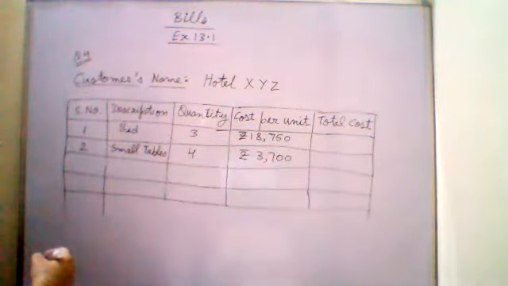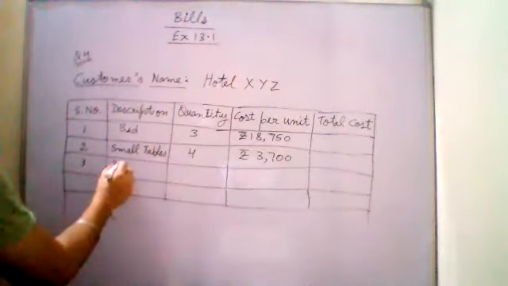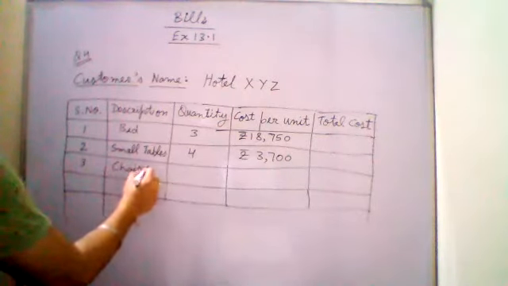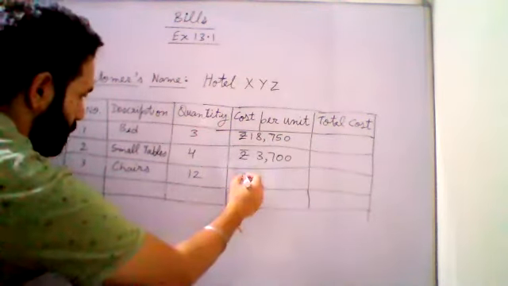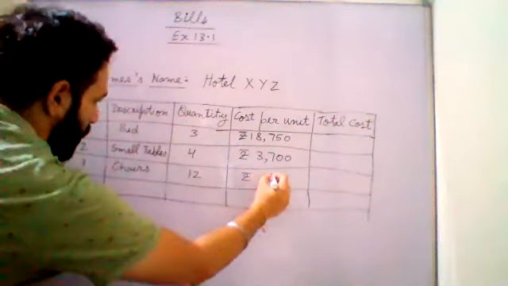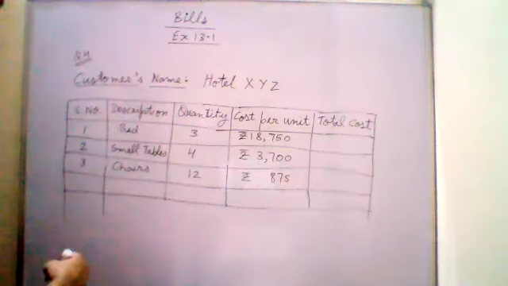Then he bought 12 chairs, and the price of each chair is rupees 875.